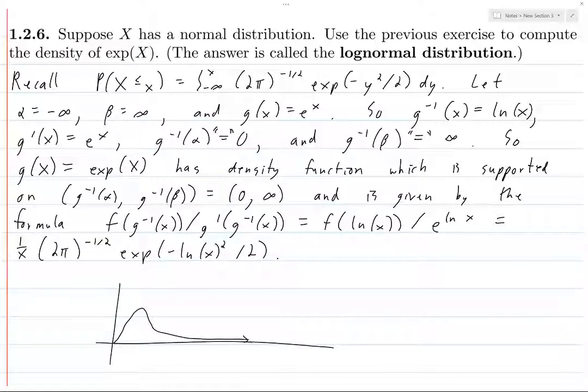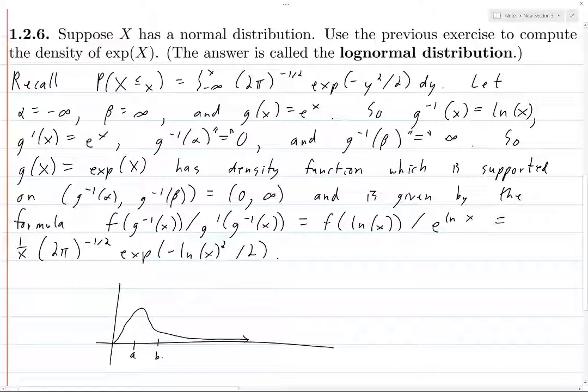Of course this is the density function, so the probability of attaining a value between a and b is equal to the integral from a to b of this function. And I guess it's called the log normal distribution.